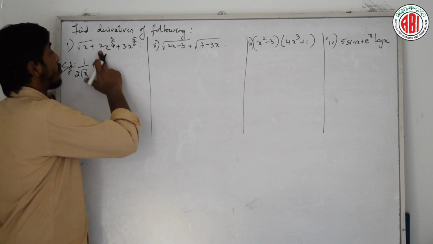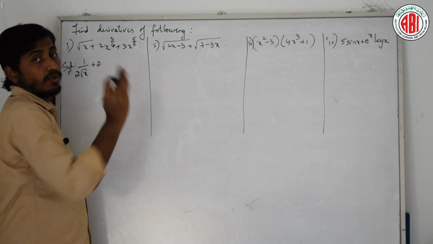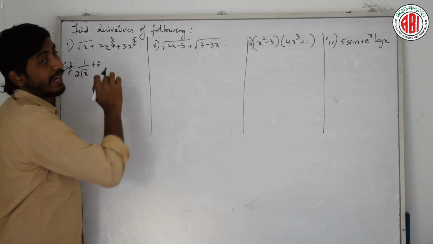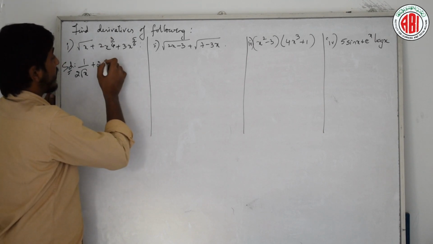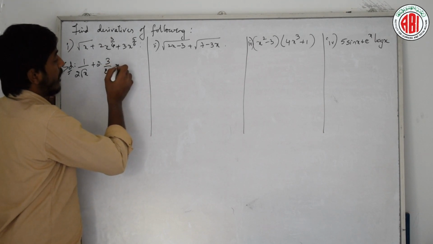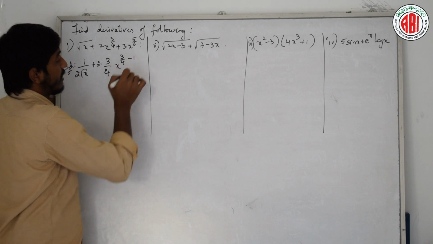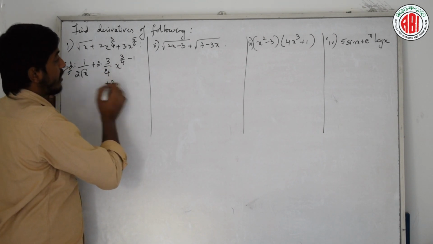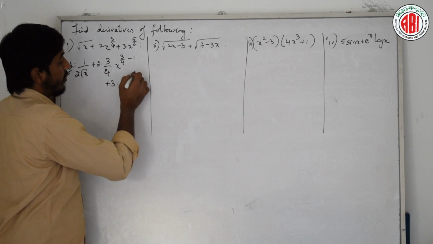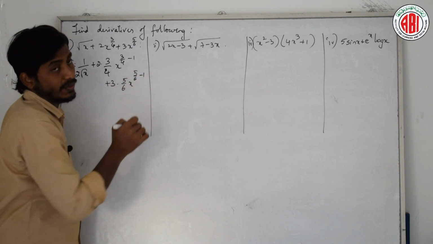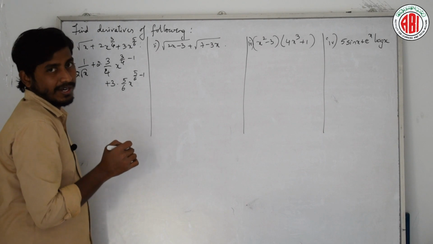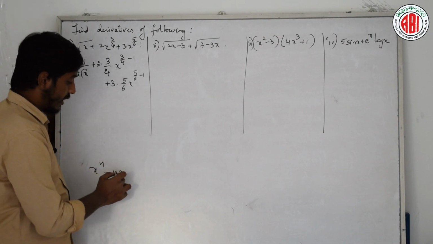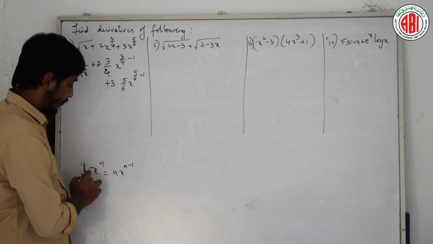If it is 2 into some function, then 2 will be the constant. The differentiation of x power 3 by 4 is by the x power n formula, that is n into x power n minus 1. Similarly here also 3 is a constant, 5 by 6 into x power 5 by 6 minus 1. Is it not easy? That's it. We are only using the formula x power n, that is n into x power n minus 1.